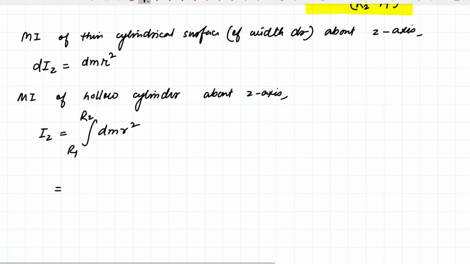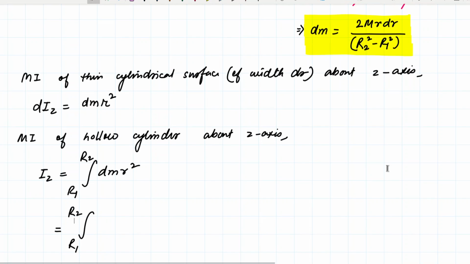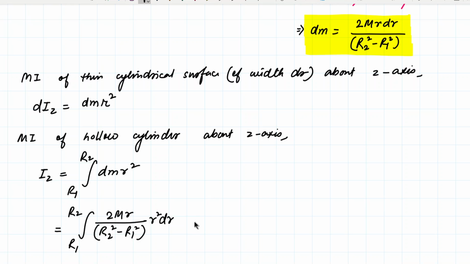integration. That's it. This is the easier part of this thing. So you just integrate it from r1 to r2. dm is nothing but 2 capital M r upon r2 square minus r1 square, r square dr. That's it. Let's integrate this.